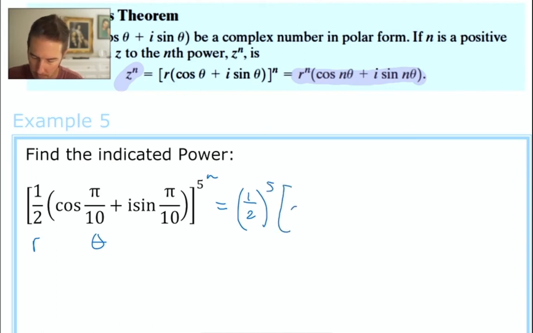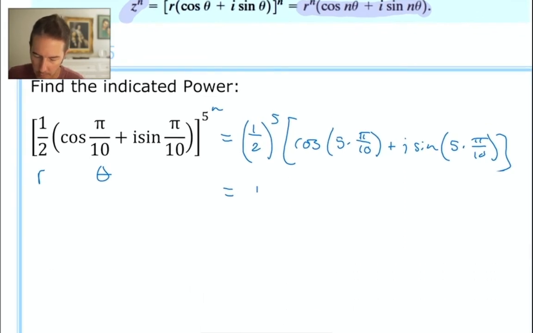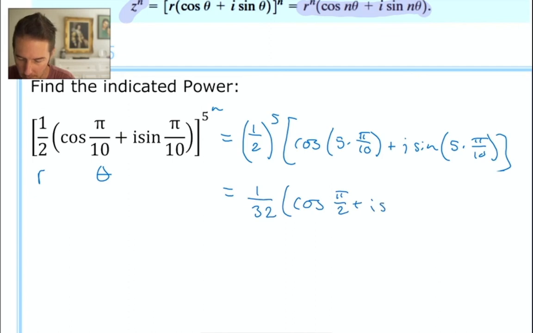We'll multiply that by cosine of 5 times the theta value, which is pi over 10, plus i times the sine of n times theta, which is still pi over 10. 1/2 to the 5th power, as I'm sure you know off the top of your head, is equal to 1 over 32, times the cosine of 5 pi over 10, which reduces to pi over 2, plus i times the sine of pi over 2.